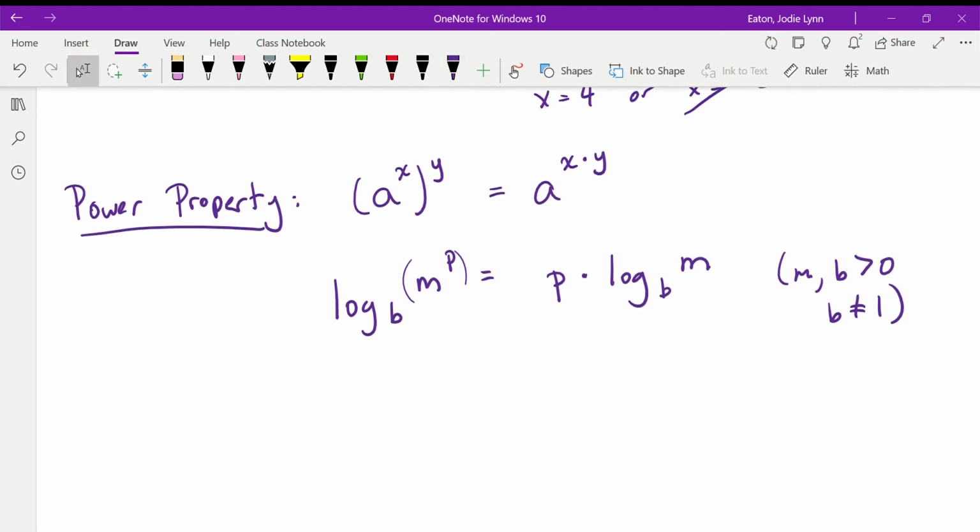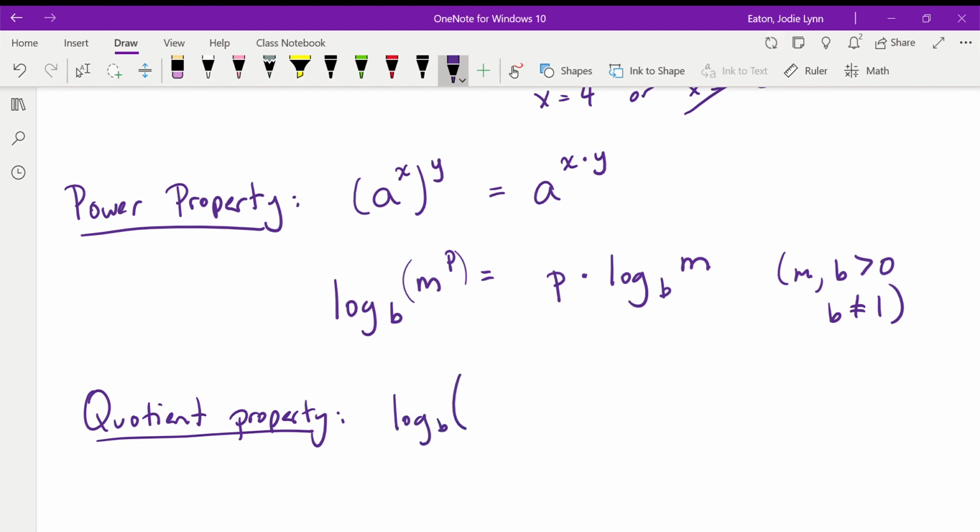Okay? And we also have the quotient property. Again, this links the exponent rule, links powers and multiplication. The logarithm rule links powers and multiplication, just in a different way. Quotient property: we have log base b of a quotient of two numbers, m over n, is equal to log base b of m minus log base b of n.